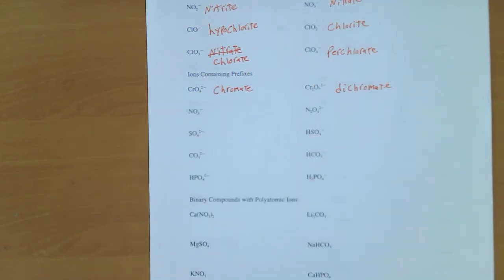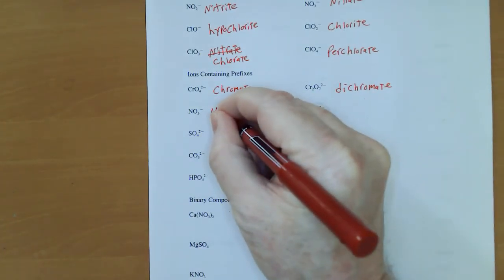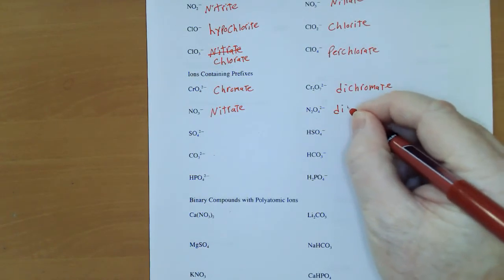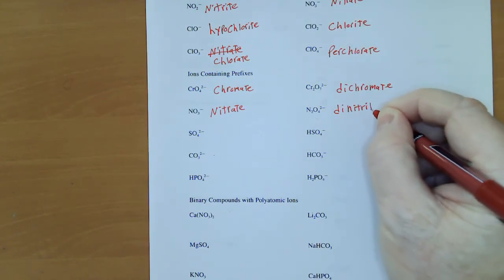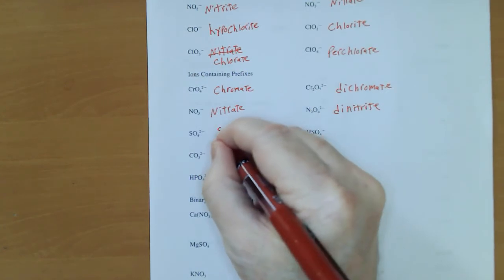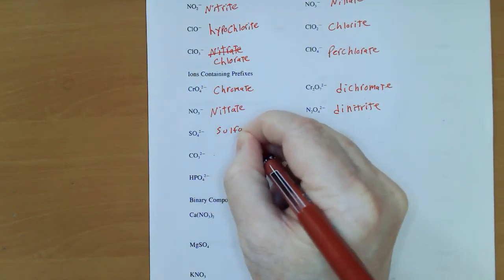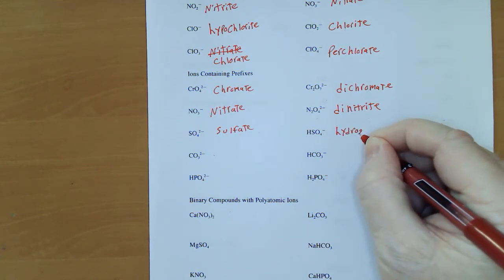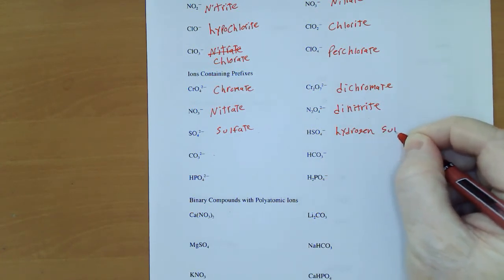Now, the NO3 minus, that one is called nitrate. This is dinitrite. We have a sulfate. We have a hydrogen sulfate.